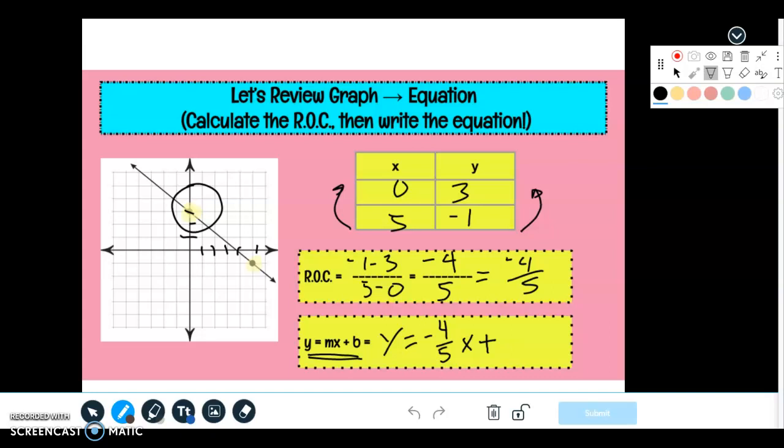It's going to have a y value of 3, okay? So the point is actually (0, 3), but the y value is 3. So that's when I come back in and I name my equation for that line: y is equal to negative 4/5 x plus 3.